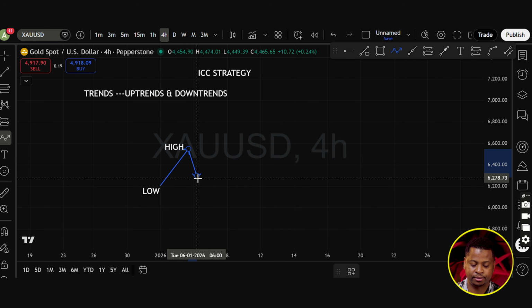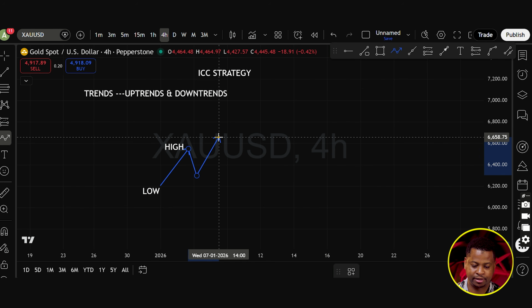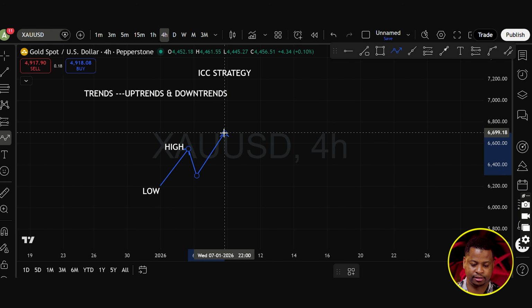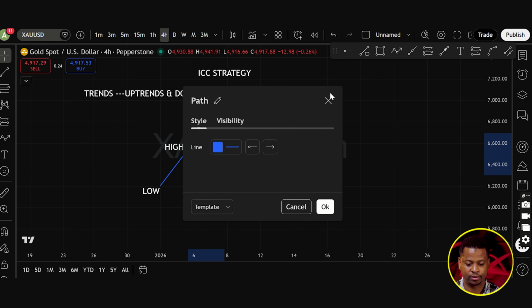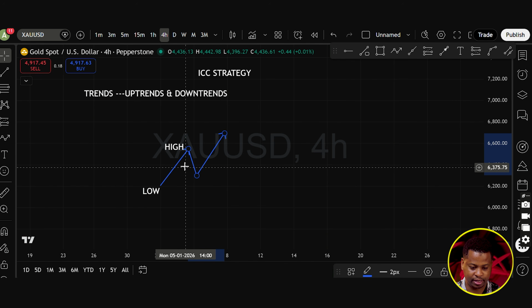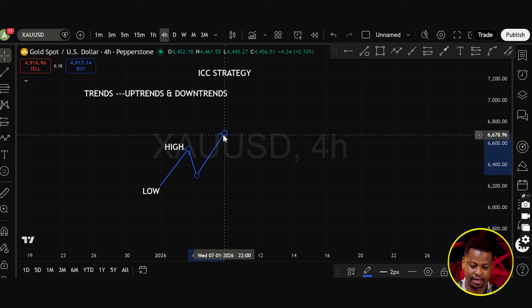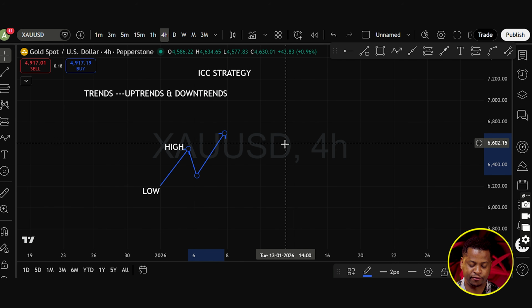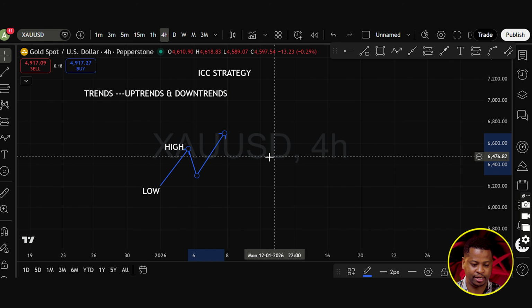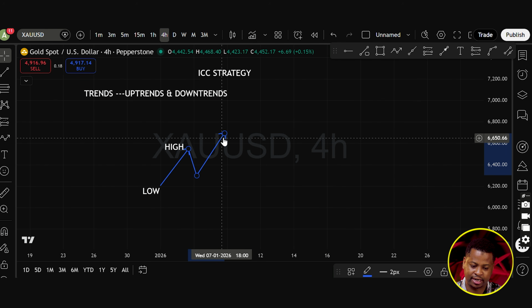Then the market comes down and does something again like this. Okay, so what is this? This is another low, and this is another high. So if you just think about it, and it's very easy to understand, this is another low and this is another high.